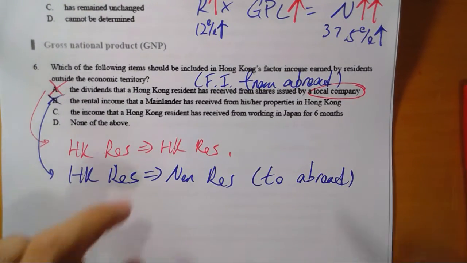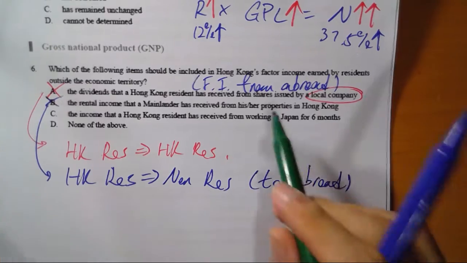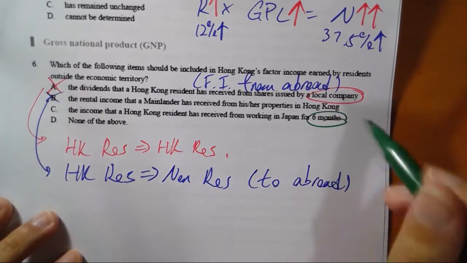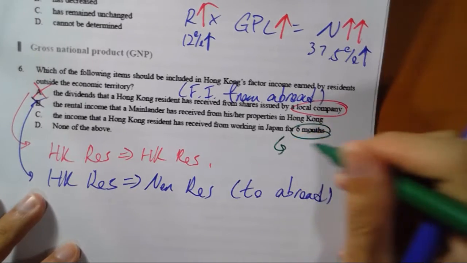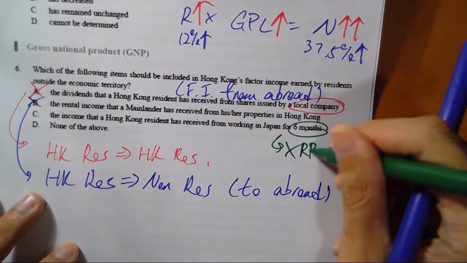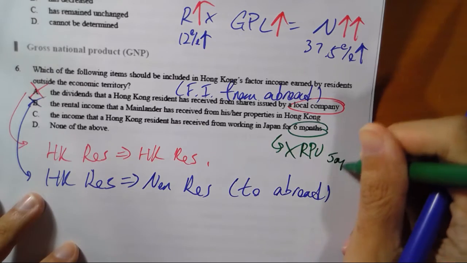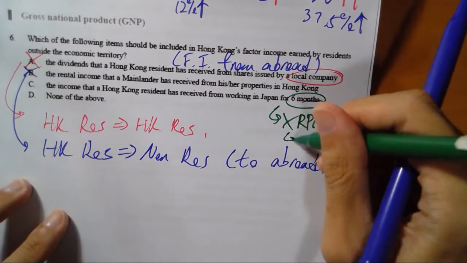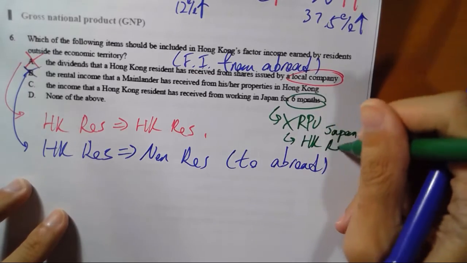Now C, income of Hong Kong resident received from working in Japan for 6 months. 好啦 6 months. This is very important. When I say 6 months, it is not RPU of Japan. 既然唔係日本嘅 RPU 啦，therefore it's still a Hong Kong resident.